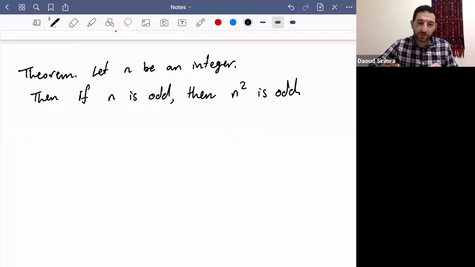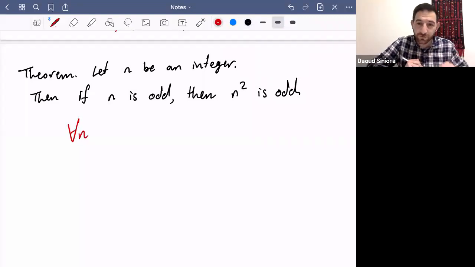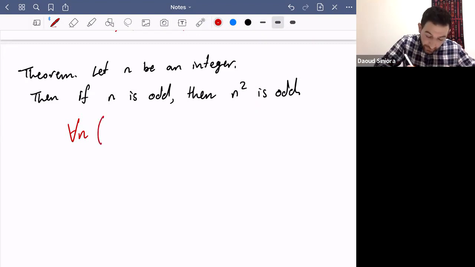Let's analyze the logical form of this sentence. It says for every n you choose, for every integer, here the domain of the variable is the set of all integers, whole numbers. If n is odd, so let's use the predicate, say D of n, which says n is odd.